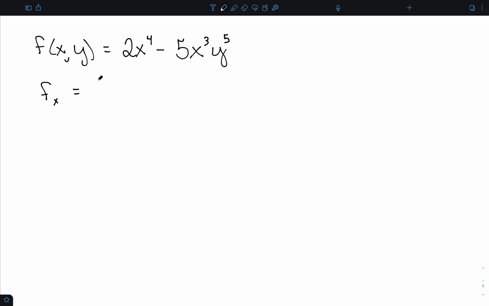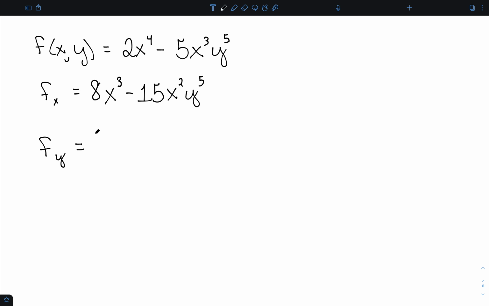So the derivative of 2x to the 4th, I would bring the 4 down to make 8 and subtract 1 to make cubed. Here the y is treated like a constant, so I'm just going to take the derivative with respect to x. Bring the 3 down and subtract 1. So I have my x derivative as 8x cubed minus 15x squared y to the 5th.